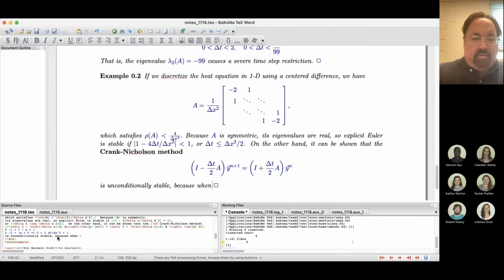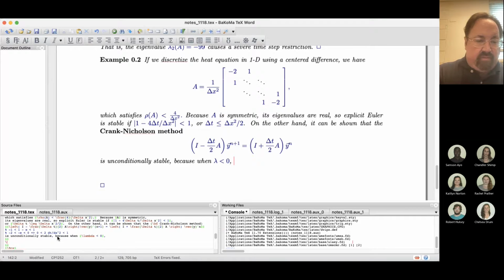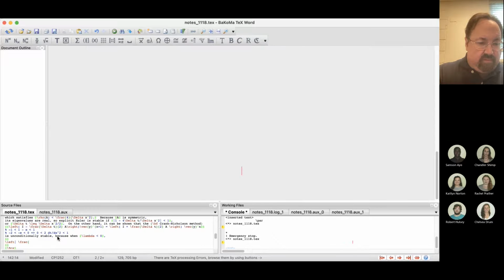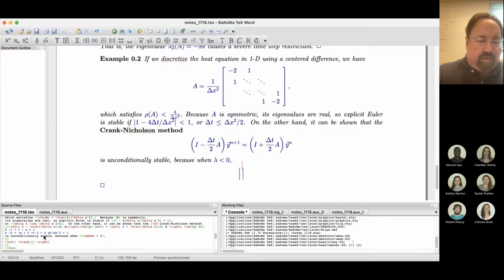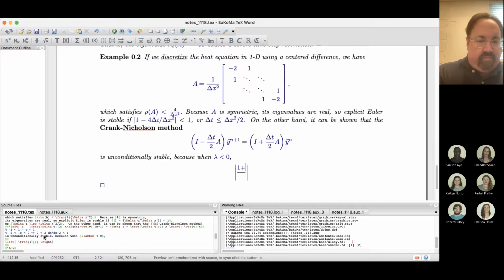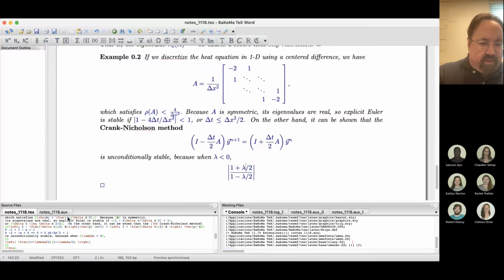Because when you have lambda being a negative real number, this fraction that comes from these matrices here, where we need to include delta t, can be shown to be less than 1 in absolute value.